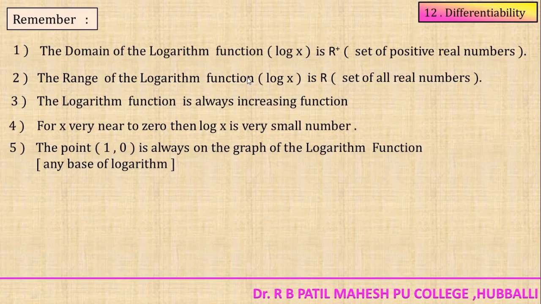Any base logarithm graph, whether natural logarithm, common logarithm, or any other base, if you draw the curve, the curve always passes through (1, 0), because for all those logarithms, if x is 1, then the answer is 0 only.